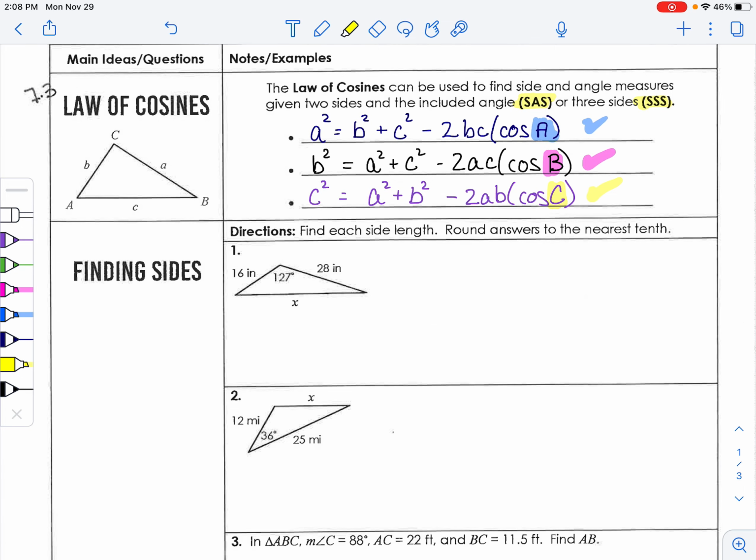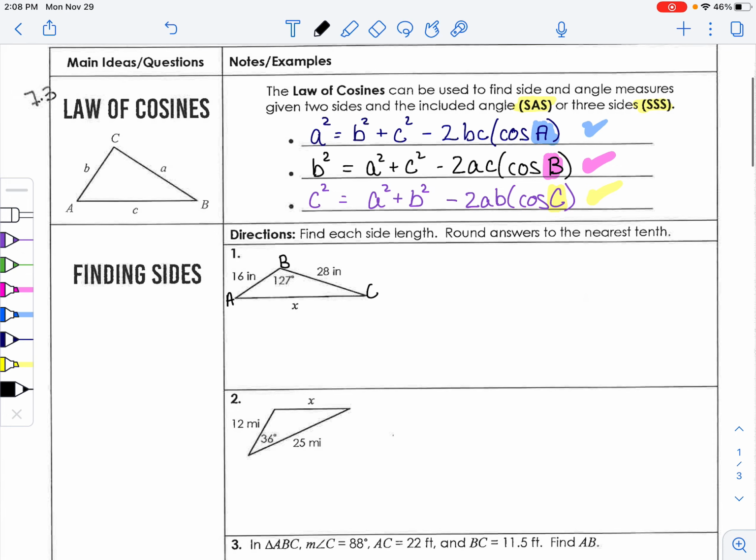So let's look at my problem. If I label this as A, B, and C, I do not have a matching set. I see that I have angle B, and here's side B. There's not anything matching. I have a side angle side. The 16 and the 28 intersect and form that 127-degree angle.